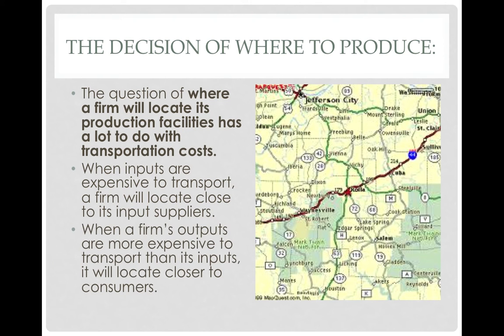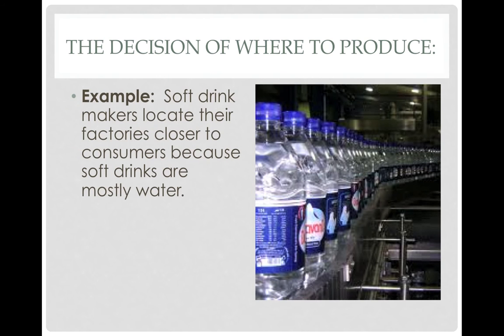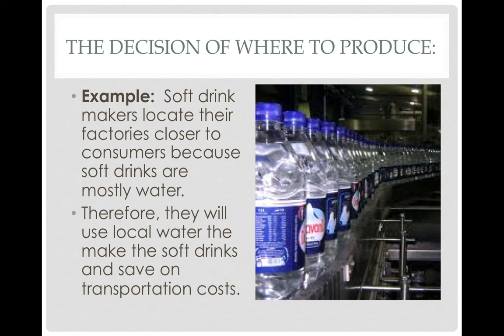When a firm's outputs are more expensive to transport than its inputs, it will locate closer to consumers. An example, soft drink makers locate their factories closer to consumers because the soft drinks are mostly water. Therefore, they will use local water to make the soft drinks and save on transportation costs.